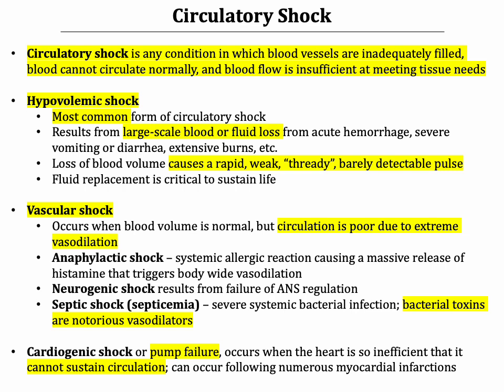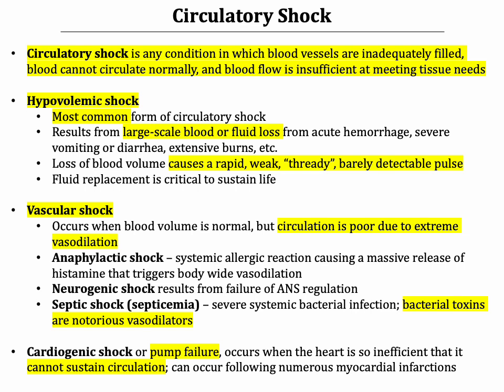Vascular shock, this is when the volume is normal, but the circulation is poor due to extreme vasodilation. So some area in the body, the vessel has dilated way too much. Blood is collecting in one particular area, and it's just not circulating through all the tissues like it should be. So this could be anaphylactic, due to a severe allergic reaction.